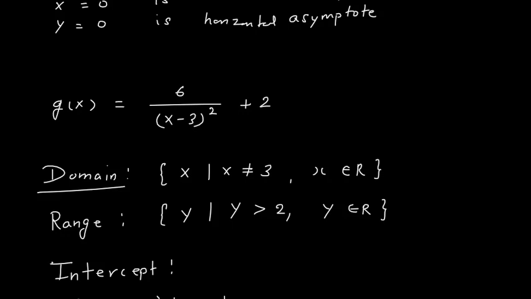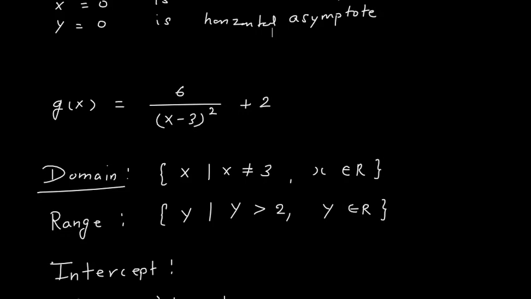And range, similarly, it cannot take y value 2, and also it cannot be any negative value, meaning less than 2 is not possible, because here (x minus 3) the whole square is always going to be positive, so the value of g(x) will always be more than 2. So I will say that range is y, where y is greater than 2.